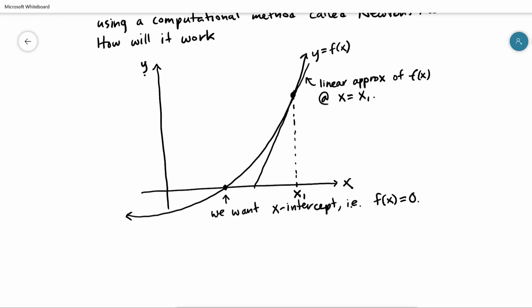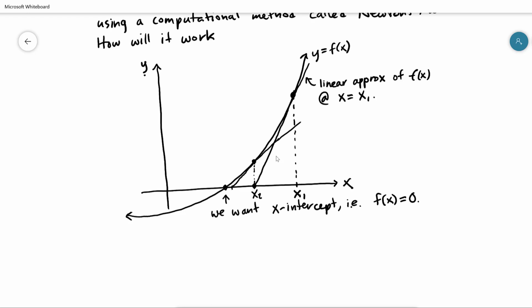And what I'll do is I'll follow that line down and see where it hits the x-axis. And I will use that point for my second guess, x2. And I will repeat the process. I'll say, okay, well, let's go see what the actual function value is. It's not 0, but I'm going to go to that point. Let me look at its tangent line, which goes this direction. And so here's a second linear approximation.